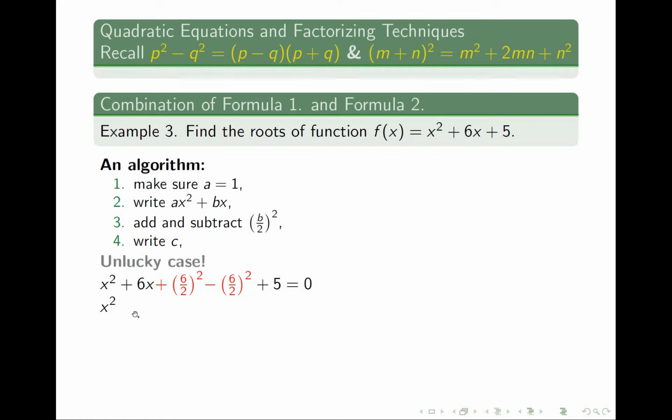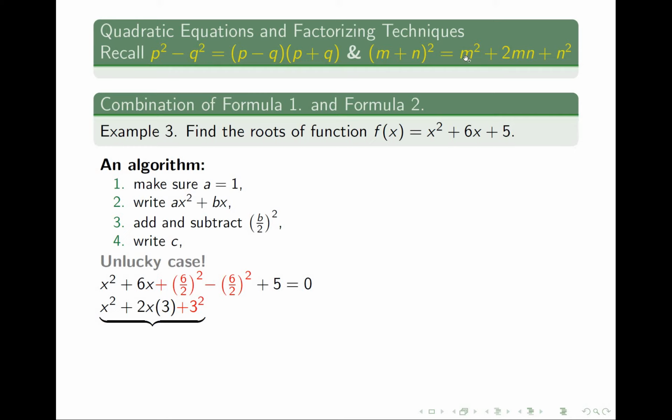Again, if we rewrite this equation in standard form, we will get x squared plus 2x times 3, which is the value of n. So we get m squared plus 2mn plus n squared, which is familiar to us.